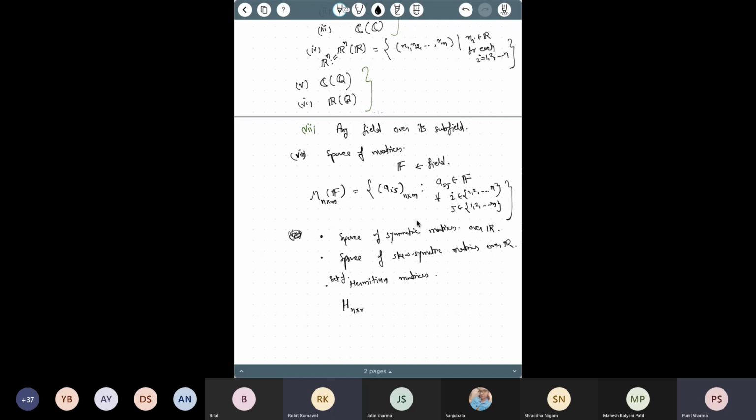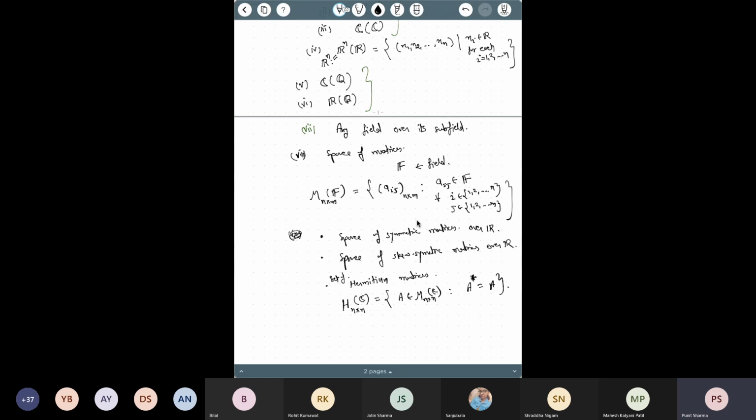Okay, so let me write this. The entries are coming from C. So this is the collection of all matrices of size n cross n such that A star, we will denote it by star, the complex conjugate transpose, A star is equal to A. This is what you are saying. Okay.